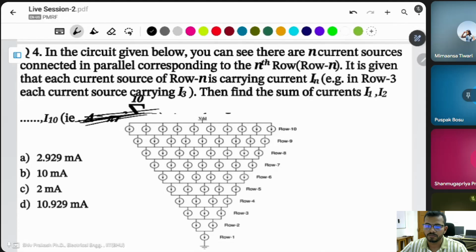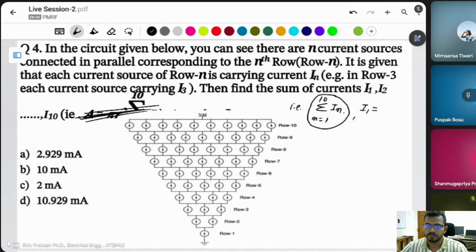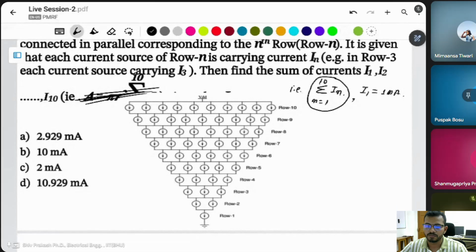I write it here. It is given as the sum of n equal to 1 to 10 of I_n is what the question is asking, where I1 is given as 1 milliampere.